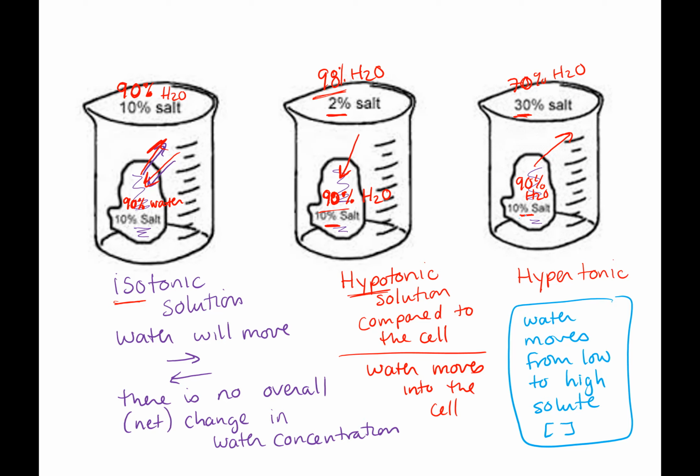Water is moving from low solute concentration towards high solute concentration. And again here, water is moving from low solute concentration to high solute concentration, which means that water is moving from high to low water concentration. So I want you to see how these are just the reciprocal of each other. I don't like this, it confuses me, so I always just remember water is going to go from high water to low water.